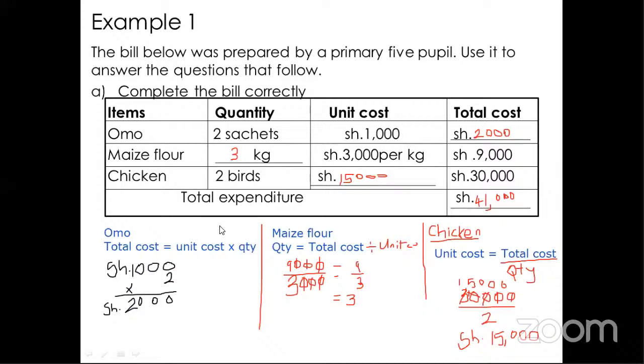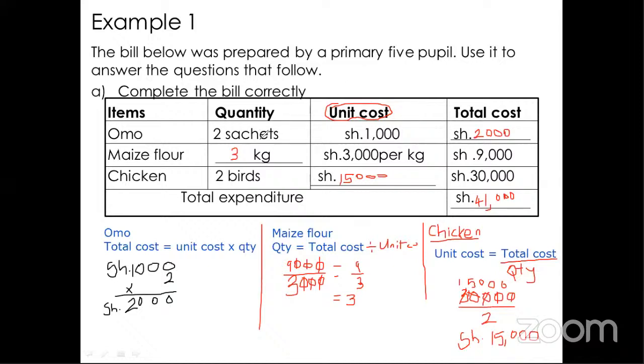Now, members, this is how we fill the bill table. The main thing is you need to know what is missing in my table. Let's do a recap of this. Omo was missing the total cost, but the unit cost here, members, sometimes they call it unit cost or unit price, means the cost per circuit in this case.